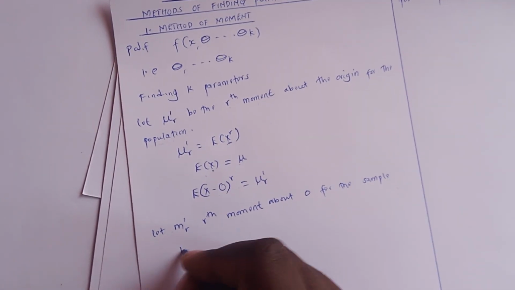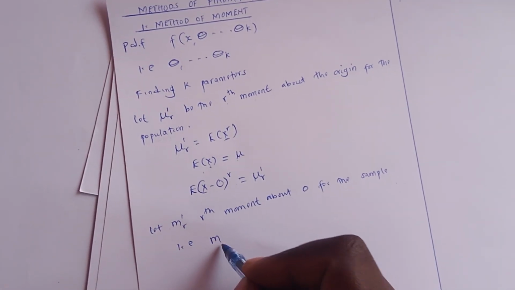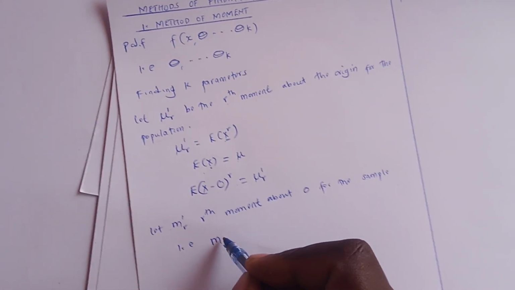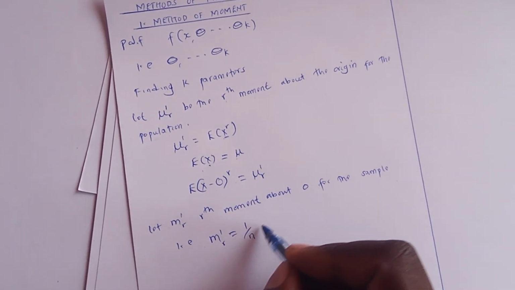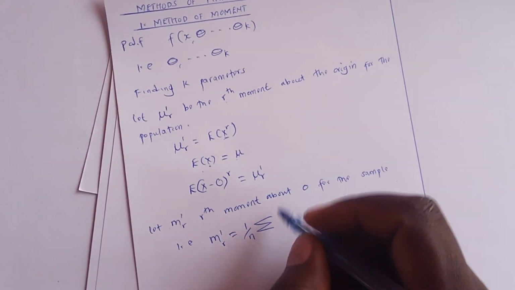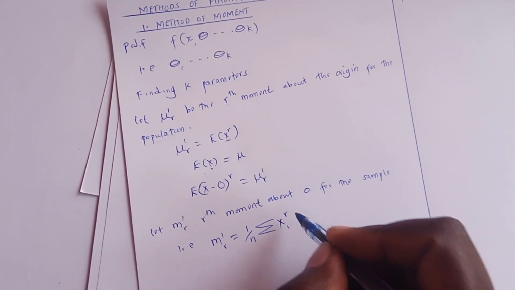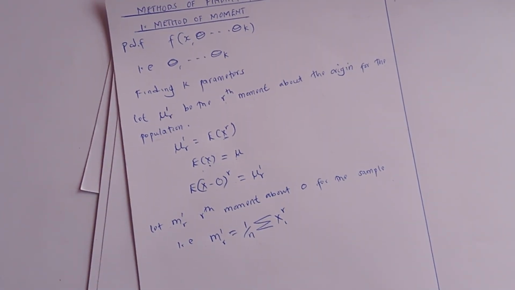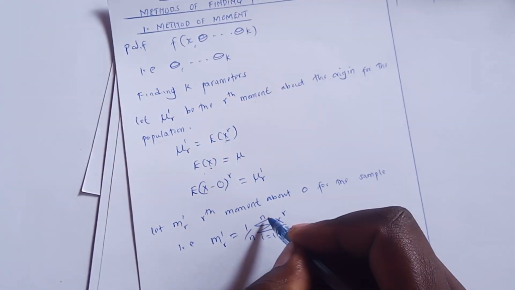That is, m prime r gives us 1 over n, the summation of x i to the power r, where i goes from 1 all the way to n.